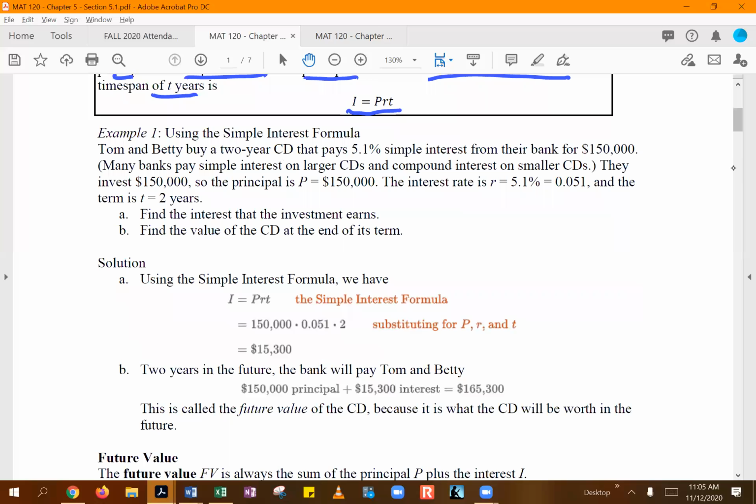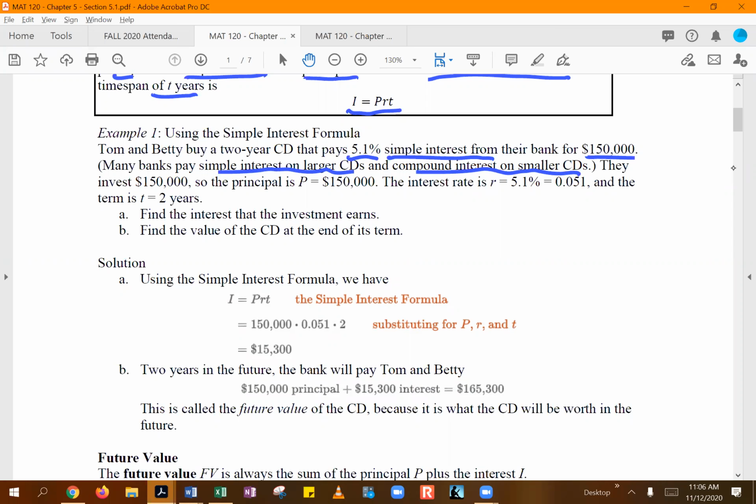You can see in this example here, we're talking about Tom and Betty buying a 2-year CD that pays 5.1% simple interest from their bank for $150,000. So they're saying many banks pay simple interest on larger CDs and compound interest on smaller CDs.